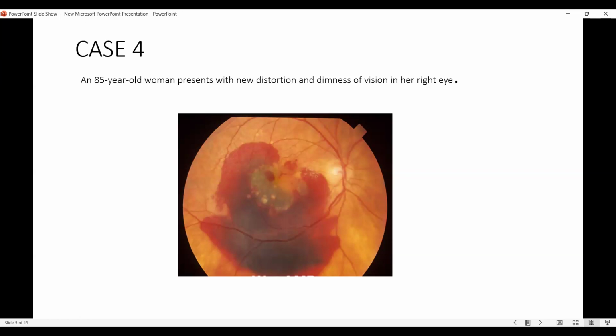There are also some hyperfluorescent dots present in the macula. So my diagnosis is that this is a case of vitreous hemorrhage. It also has retinal hemorrhage. It may be due to proliferative diabetic retinopathy, or due to CRVO, or hypertensive retinopathy.